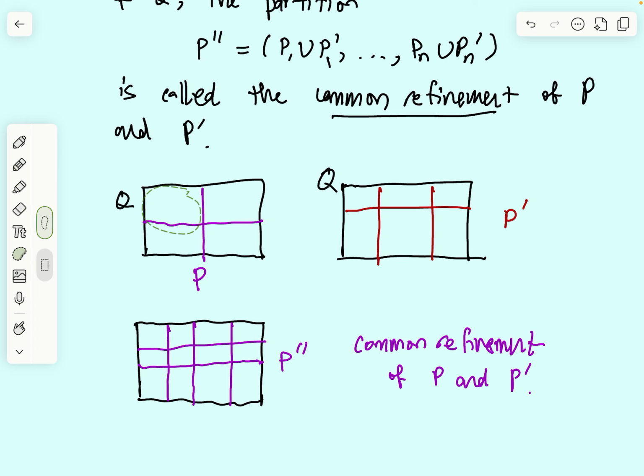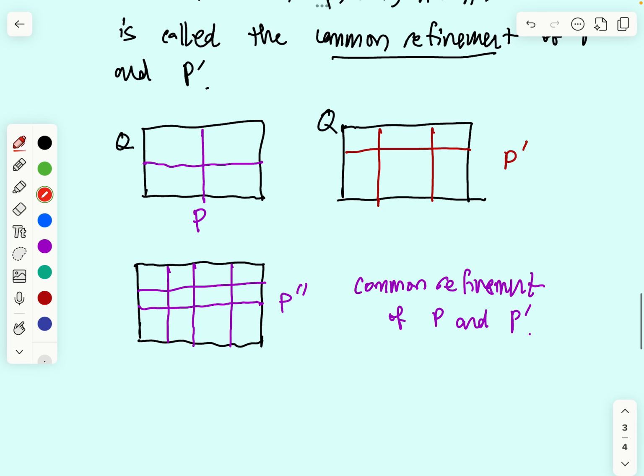Because for P you're taking the smallest value in the entire rectangle, whereas here you're taking the smallest value in each small rectangle. For instance, let's say the smallest value in this rectangle was 2, and here the smallest values were 2, 3, 4, and 2.